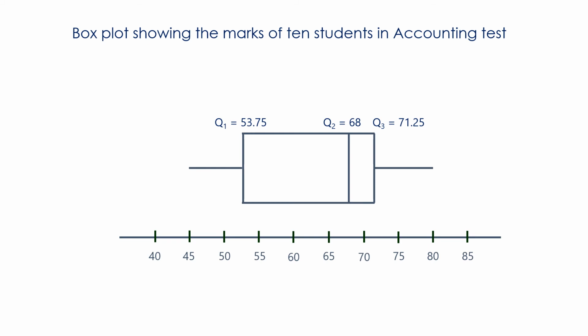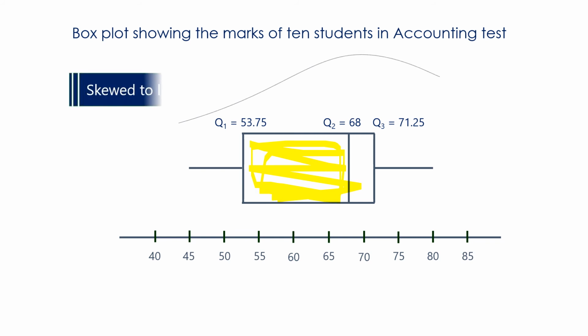There are two parts on either side of the median line. Since the left part is bigger than the right part, this shows the distribution is skewed to the left.